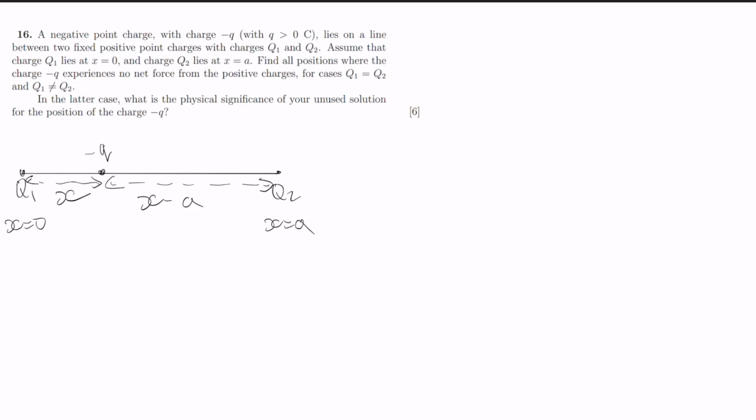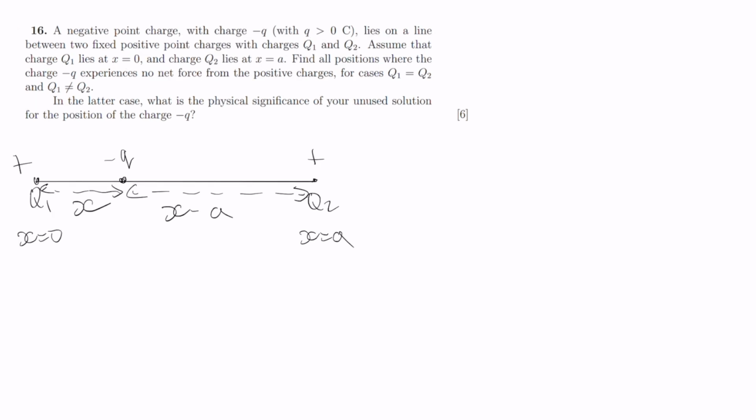So in the first instance, when the charges are equal, the charge will experience a net force of 0. So the first case to consider is whenever Q1 is equal to Q2. Let's say that this here is equal to Q. The only variable here will be the distance. So as long as they are equidistant, then the force will be exactly the same.